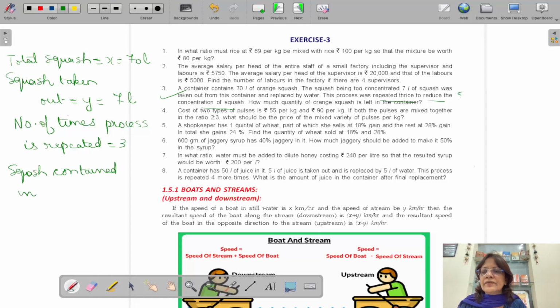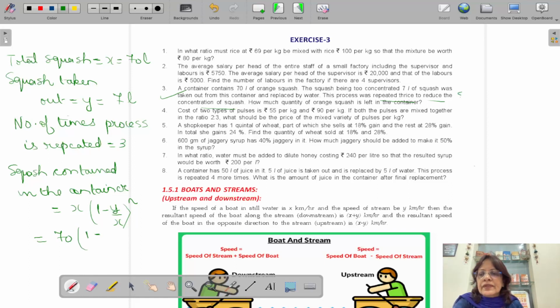What was the formula? It was x into 1 minus y upon x to the power n. X is 70. This is 1 minus 7 upon 10 to the power 3. So it is 70 into 9 upon 10 the whole cube.